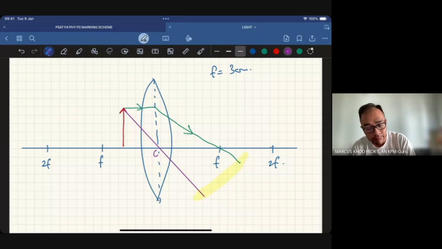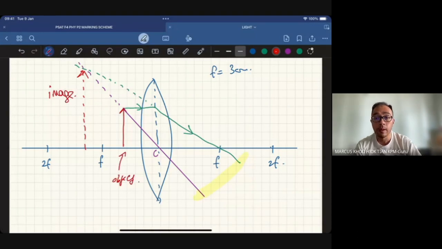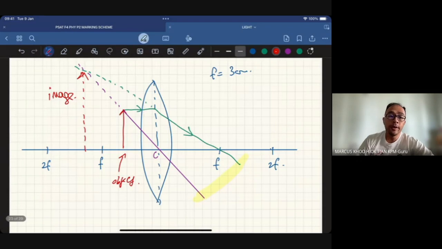So I'm going to extend the purple and I'm going to extend the green until such a point where they meet. And the place where they meet is where the image is. And this is the third mark. This is the drawing for magnifying glass.